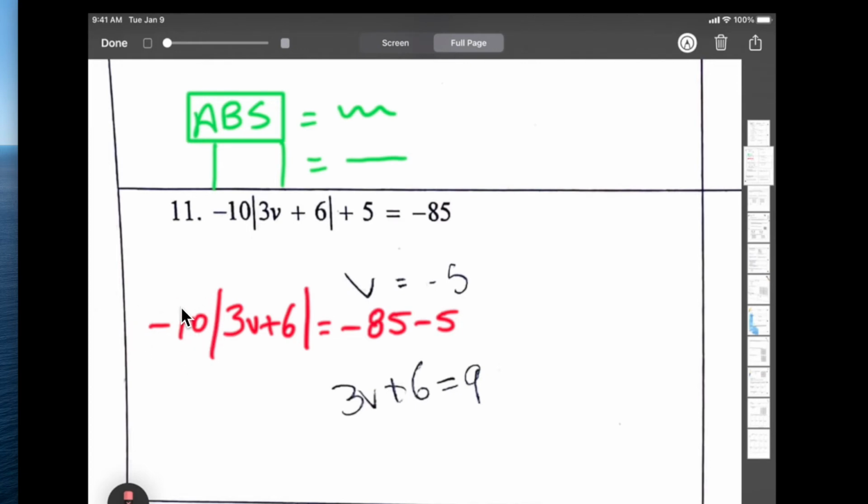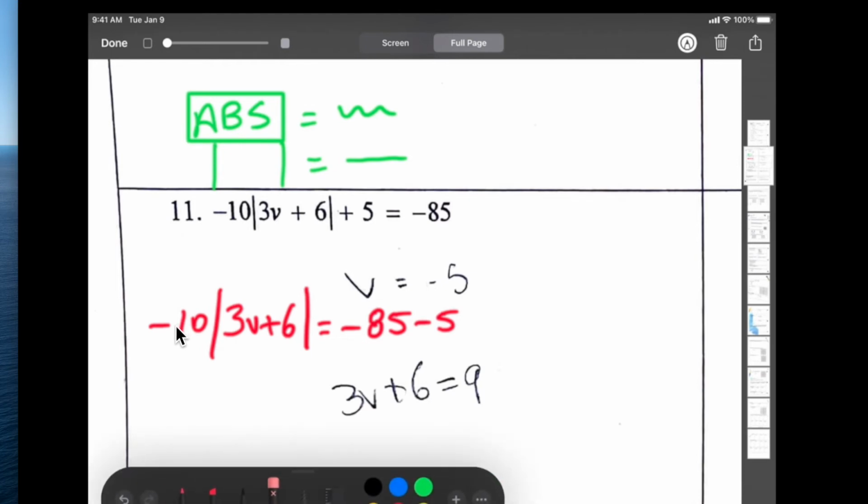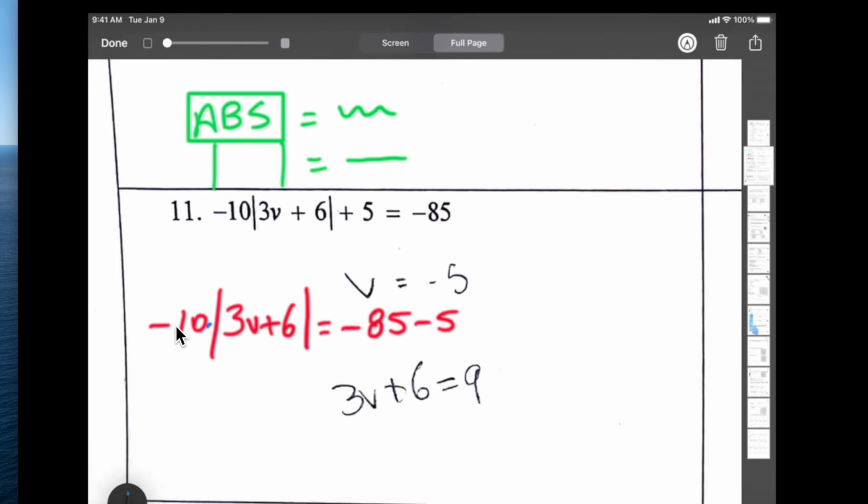It has this neighbor. Now, before we address the -10, which again is being multiplied by the absolute value, I want to simplify that. It'll make our lives easier. So let's go to the number line. Always put 0 to orient yourself. We're going to start at -85.